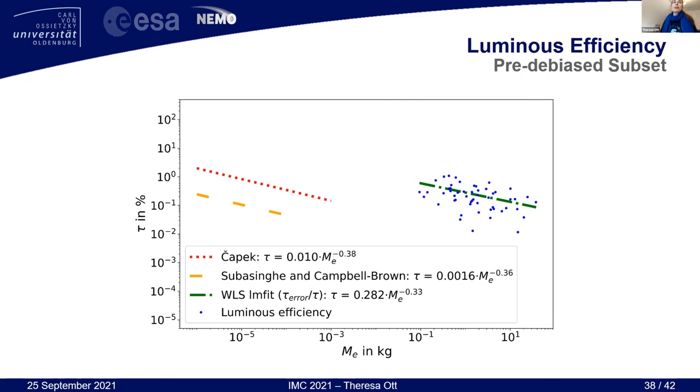This is then the final data set that we think is quite pre-filtered for biases, so we should not encounter that many biases in it, which makes it a great data set for further analysis. We find tau values that range from 0.012% to 1.1%, which are in quite a close range to the ones found by Subasinghe and Campbell-Brown and Capek et al.